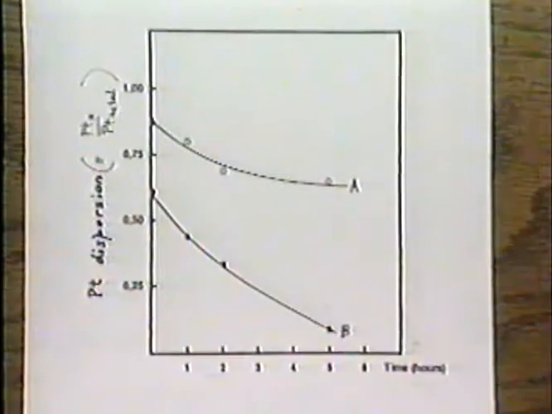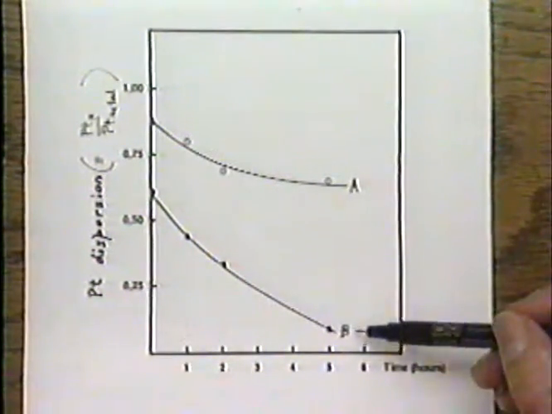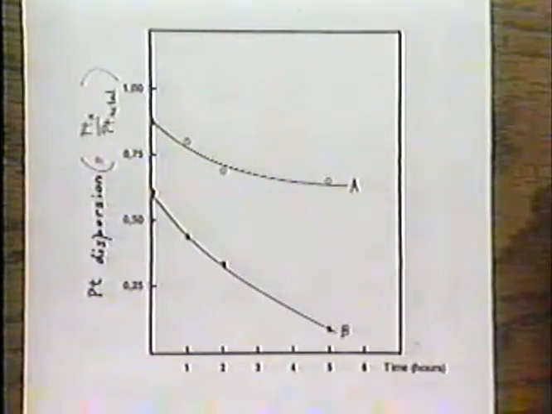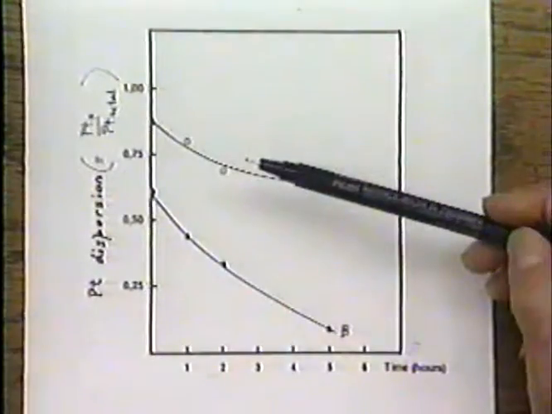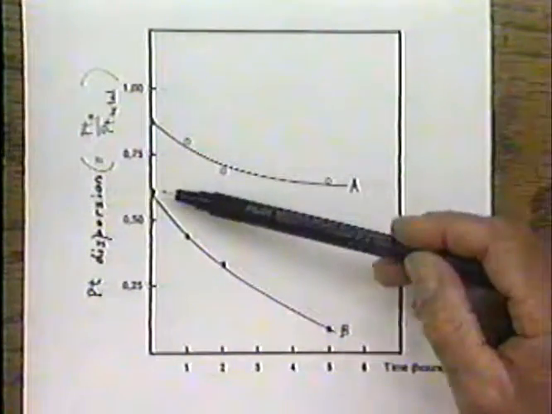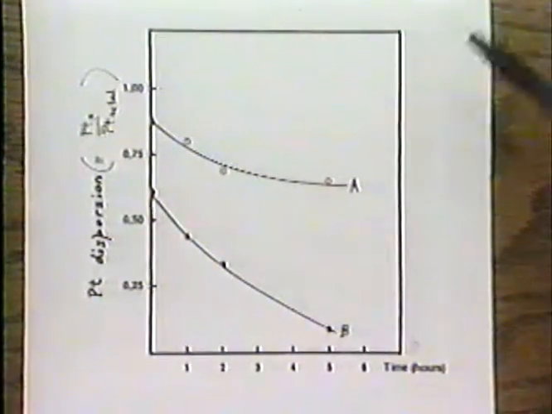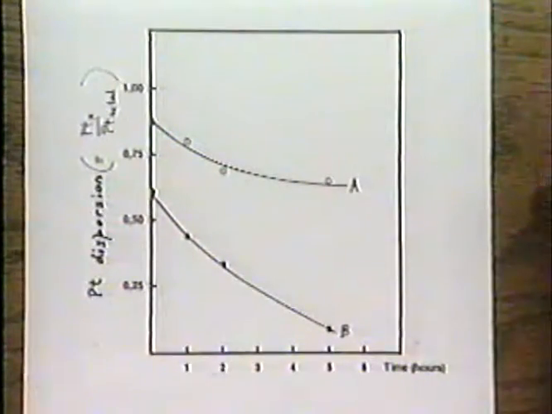And also that shows that in relatively unfavourable cases, particularly case B, where the support only had a specific surface of 6.6 metres squared per gram, the extent of reduction in the available surface area of the platinum over only a modest amount of time, 5 hours at sintering temperature, is very substantial indeed, and that catalyst would have presumably essentially died under those circumstances.